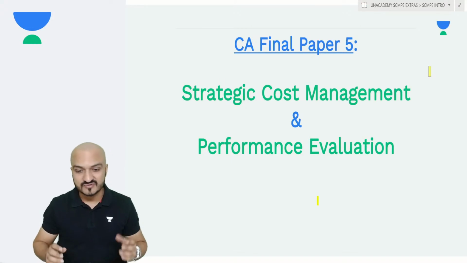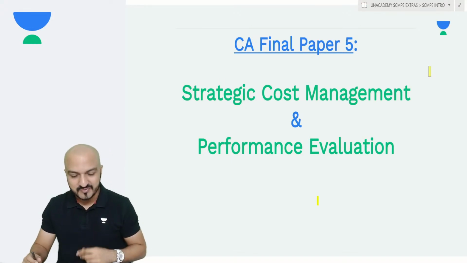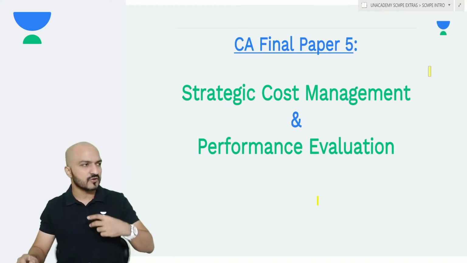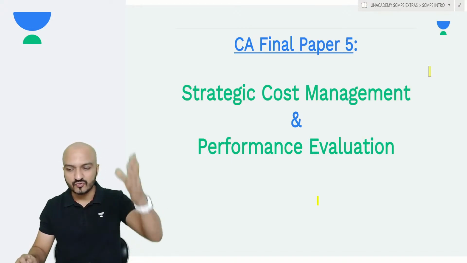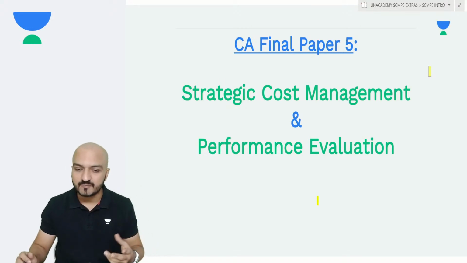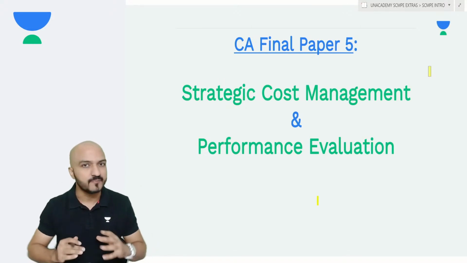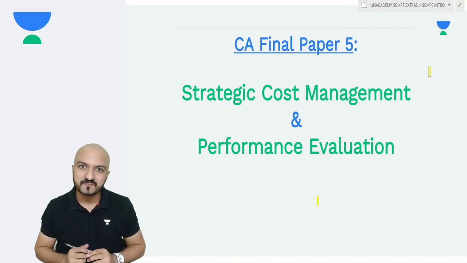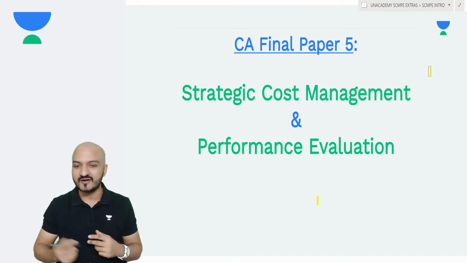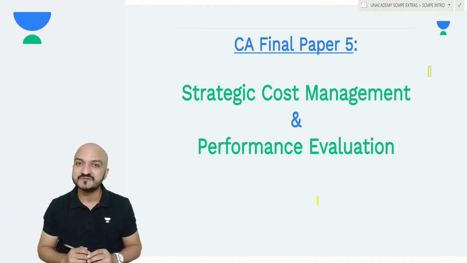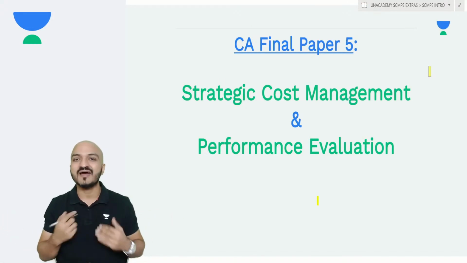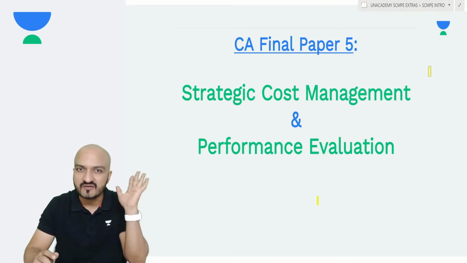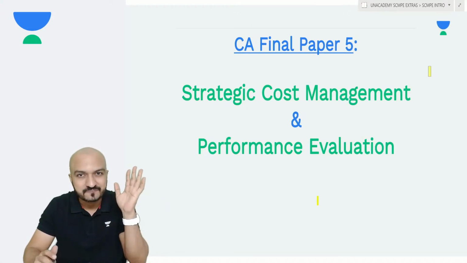Because the moment you start your articleship, you go to the client places and do the audit work, and the moment those client people start telling you sir, sir, and sir, they get you tea, they get you snacks, you enjoy all those things, and in that enjoyment, you never know, you forgot all the things that you learned in your CA inter level, isn't it? Yes.